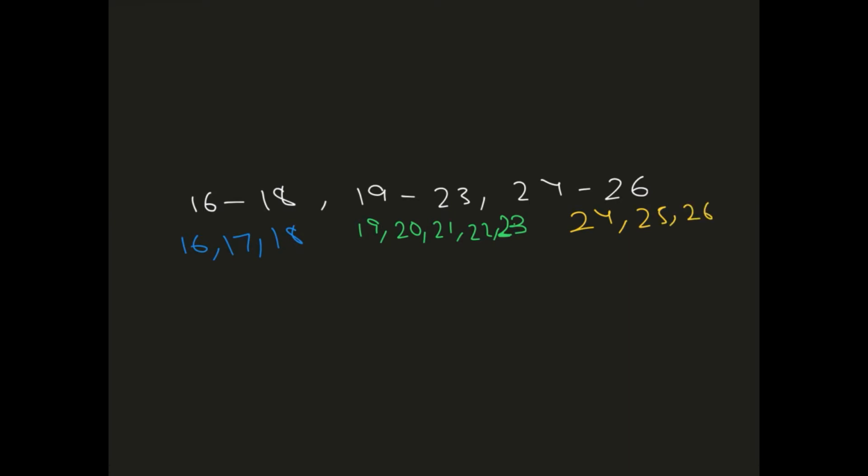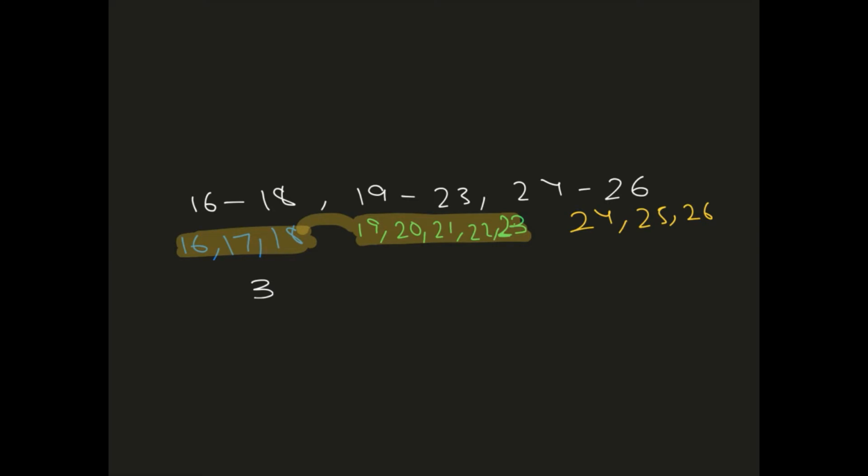So if I ask how many numbers are less than or equal to 18, then we have 16, 17, 18. All three of them are less than or equal to 18, so we have three numbers. But if I ask how many numbers are less than or equal to 23, for example, then we won't only count these five numbers, 1, 2, 3, 4, 5, but we'll also count these numbers.